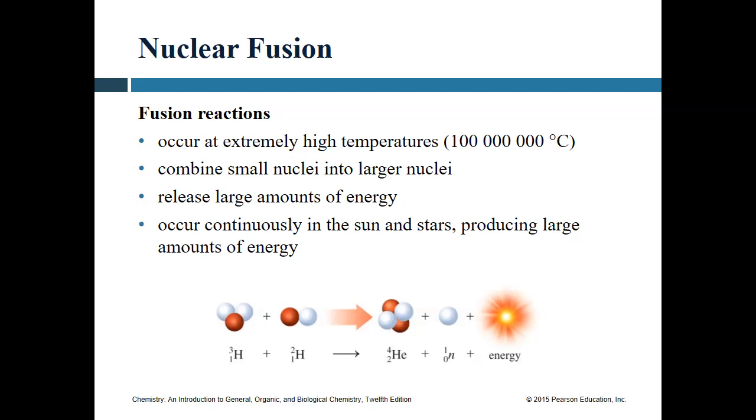Problem is, there aren't too many vessels out there that can stand up to 100 million degrees Celsius in temperature. Those materials that we have would melt very quickly under those circumstances.